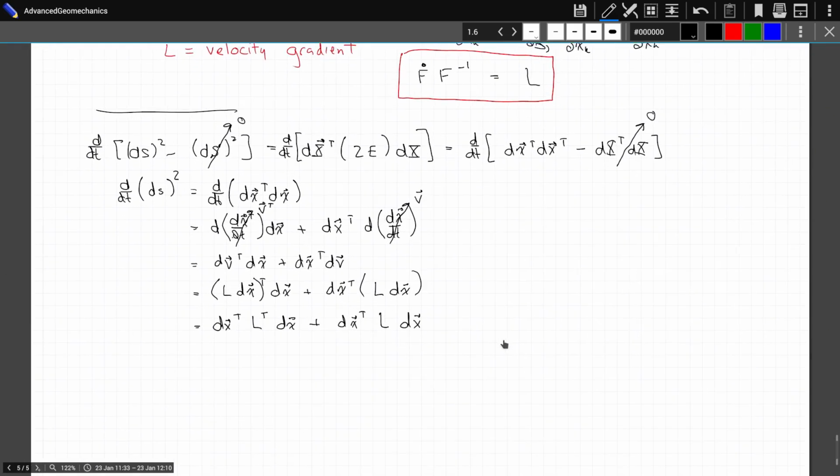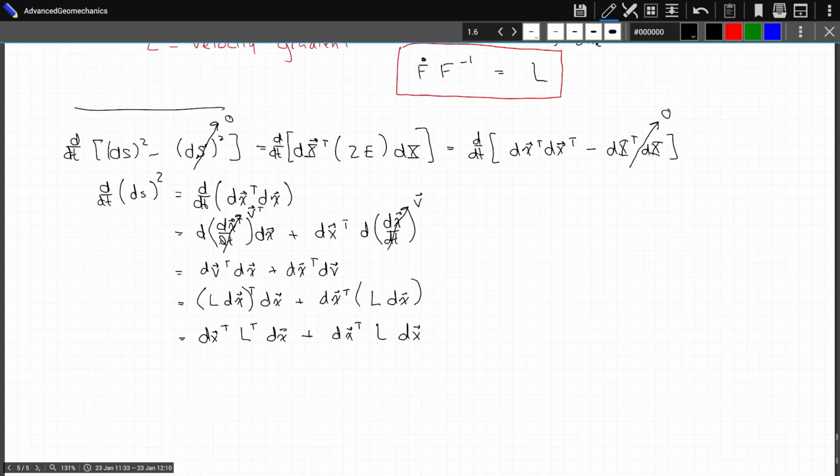Using our rule with transposes, we distribute the transpose by taking the transpose of the components and swapping the order. Then we can pull out dx transpose, L transpose plus L, dx. This is equal to 2 times d.